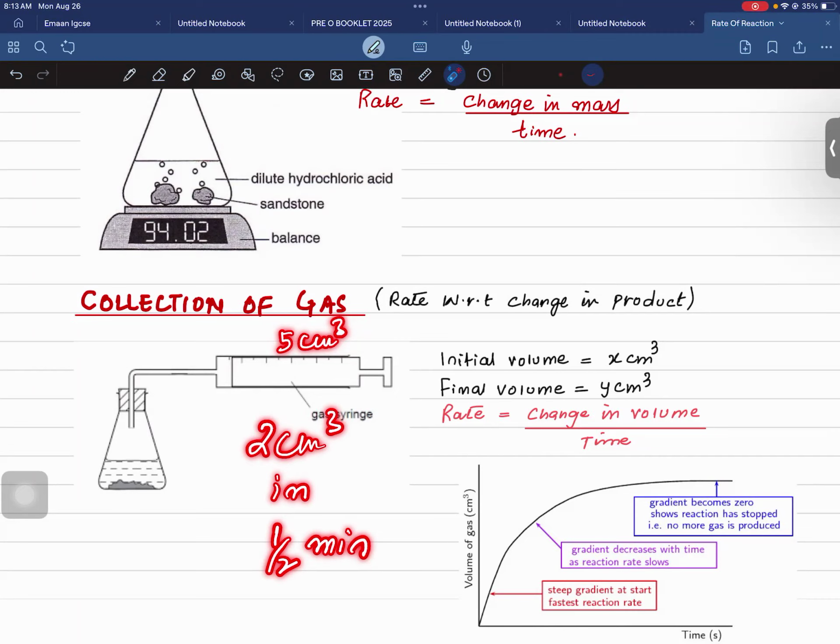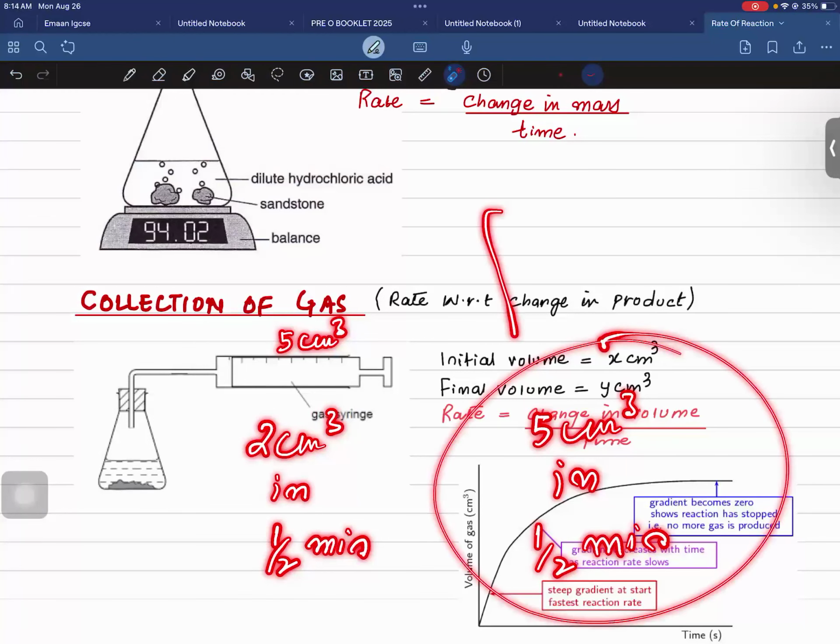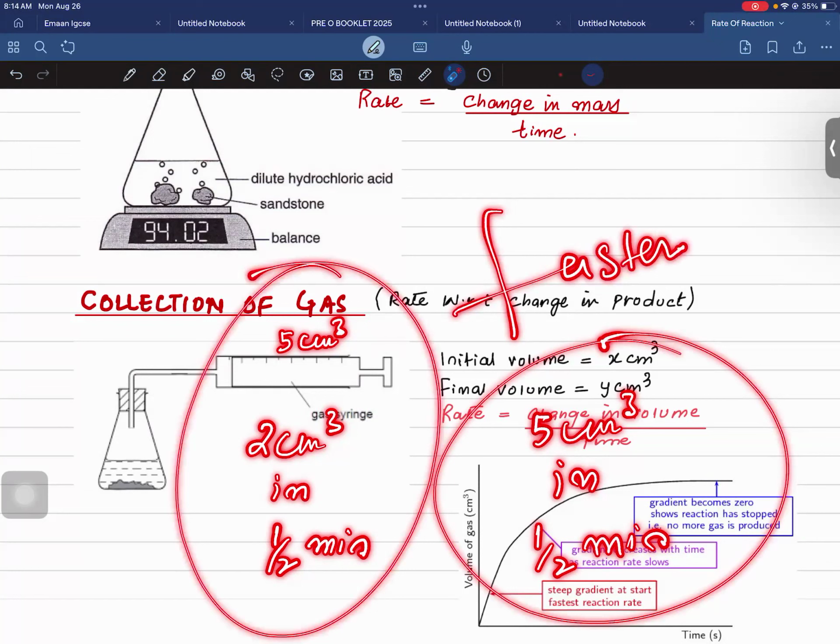Then you did another experiment in which you saw that 5 cm cube of gas is collected in half a minute. So now you can assess, you can examine, that this is faster, and this is slower.